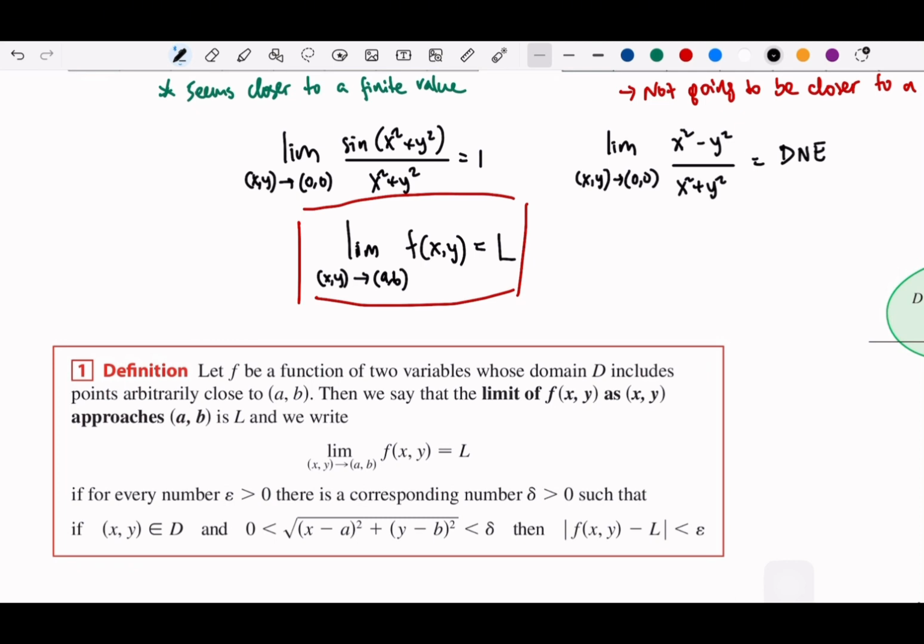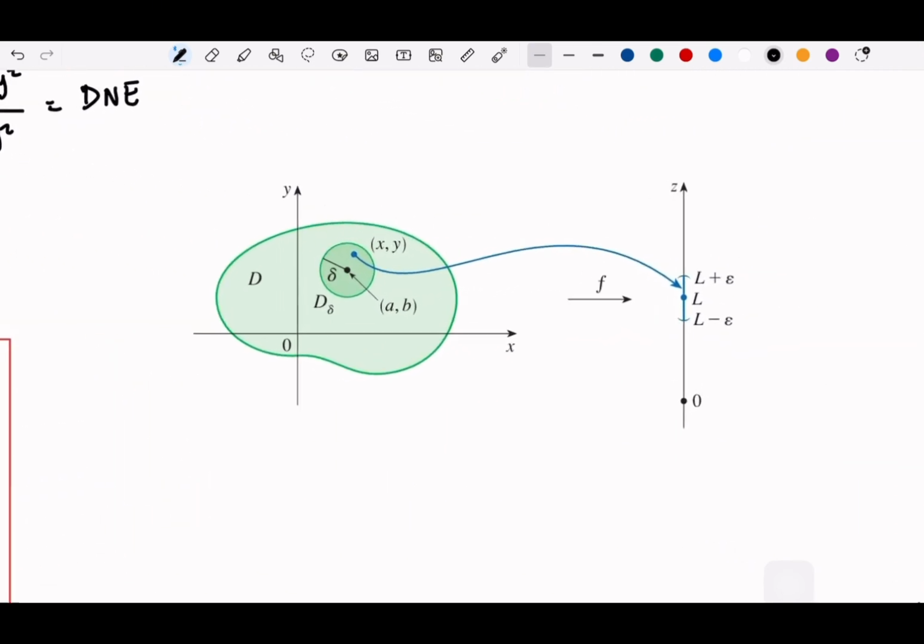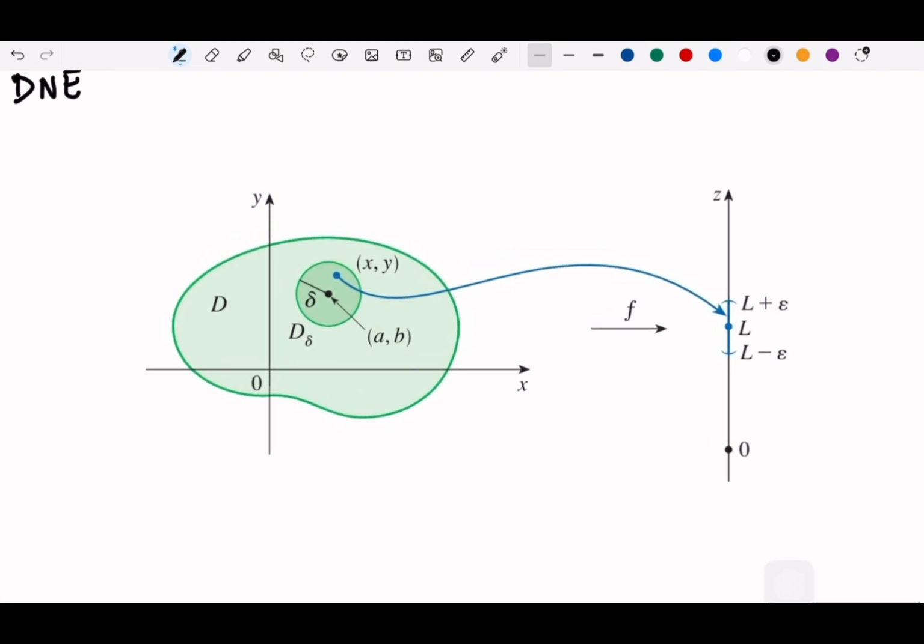This is the epsilon-delta definition from calculus 1, and we take this definition into two variables. Now we see the delta here, like I mentioned. This could be understood as the Pythagorean, which I think connects the x and y easily.